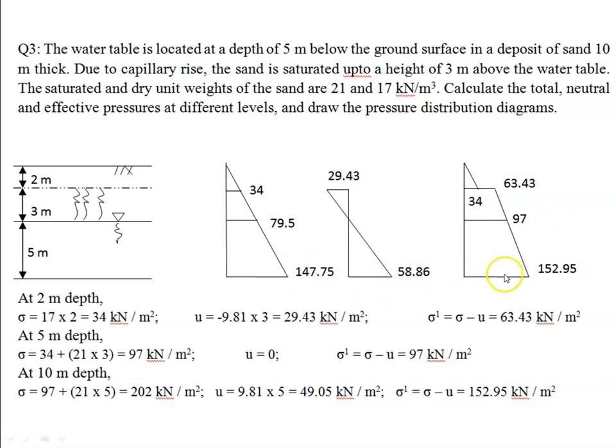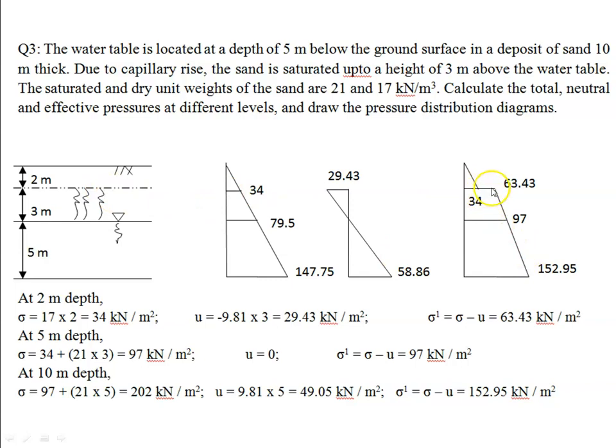Then when it comes to the effective stress diagram, here the linearity is from 0 to 34 between the top and bottom of the first layer. The increase in stress is due to weight of soil, and then there is a sudden increase in effective stress due to capillary rise, but that is not linear.